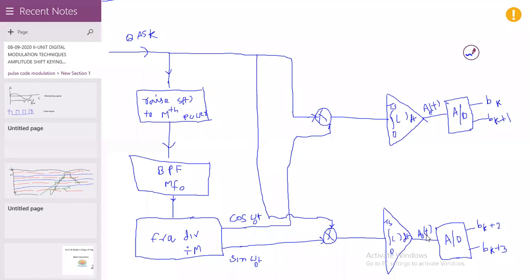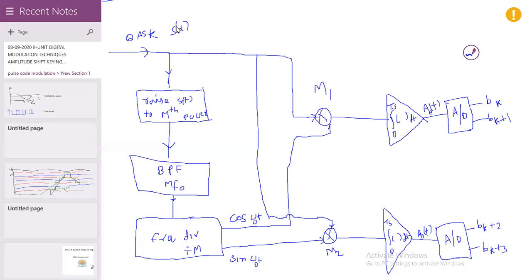Okay, so this is the block diagram. This is a multiplier. A multiplier is nothing but a synchronous demodulator. The received signal is S of t. So this is the block diagram.